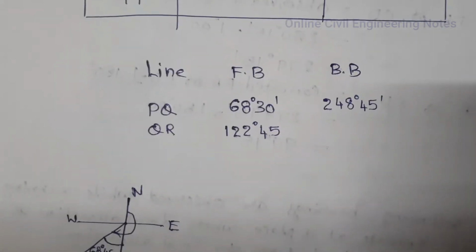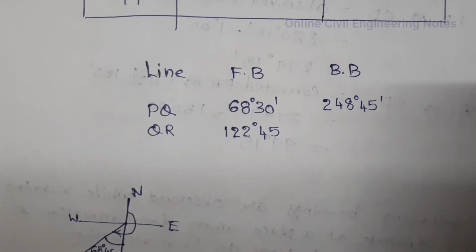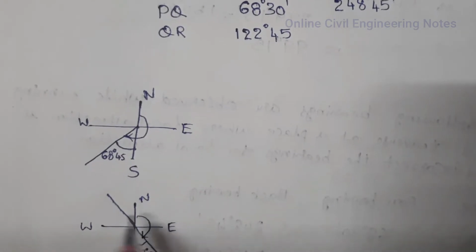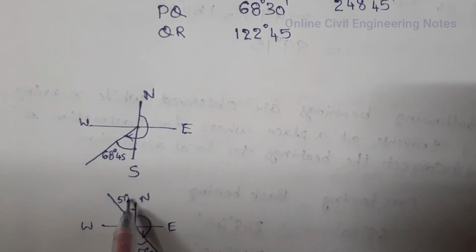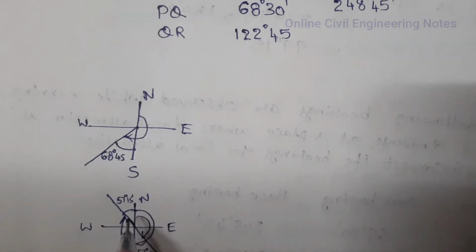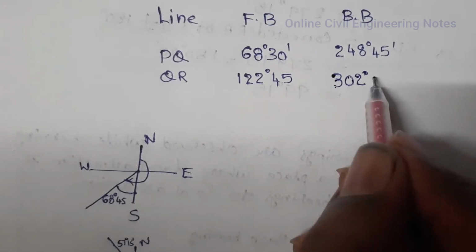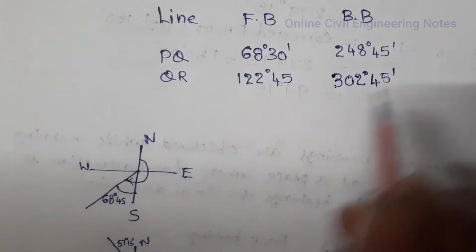Back bearing is north 57 degrees 15 minutes. In whole circle bearing, this is 360 minus 57 degrees 15 minutes, which is equal to 302 degrees 45 minutes.